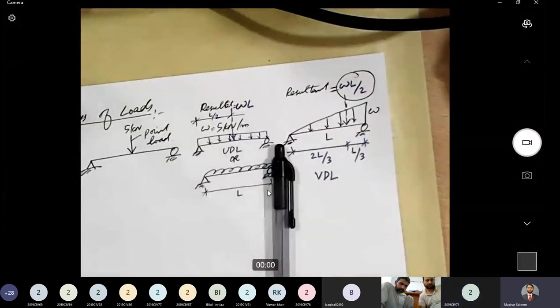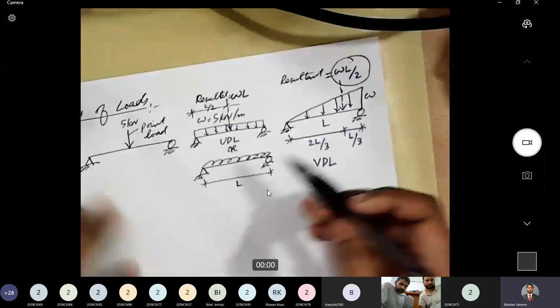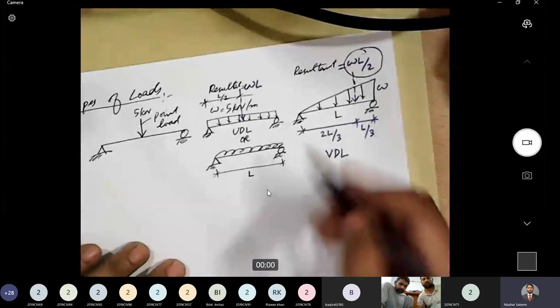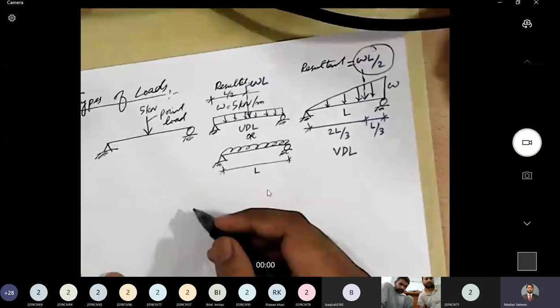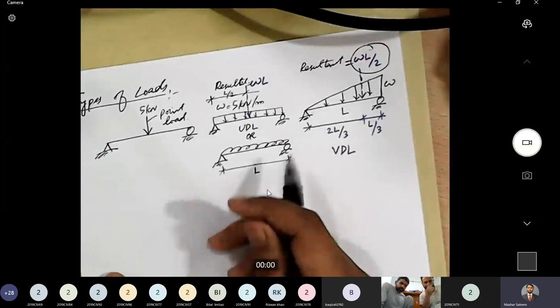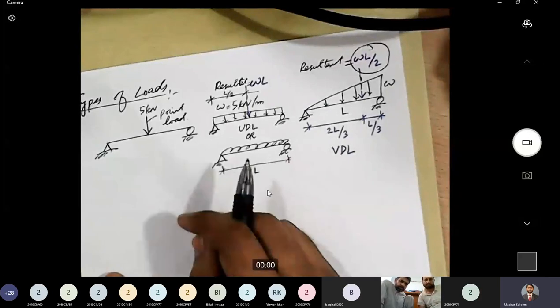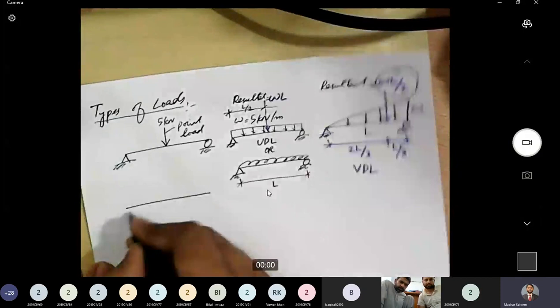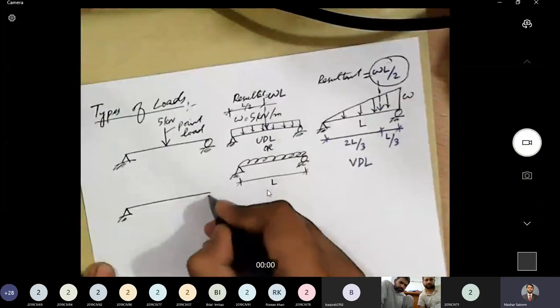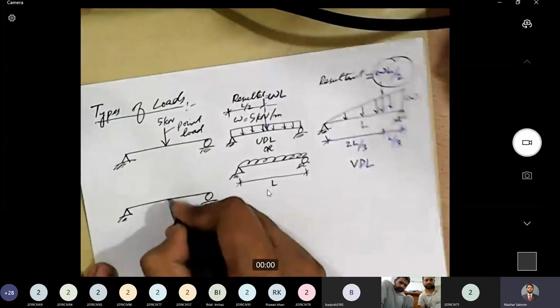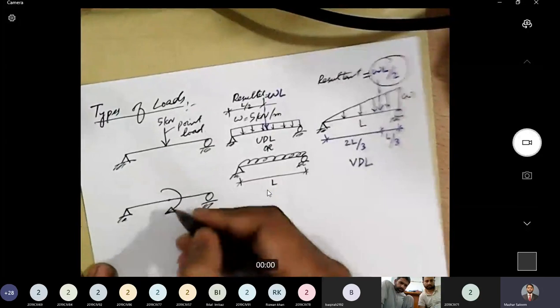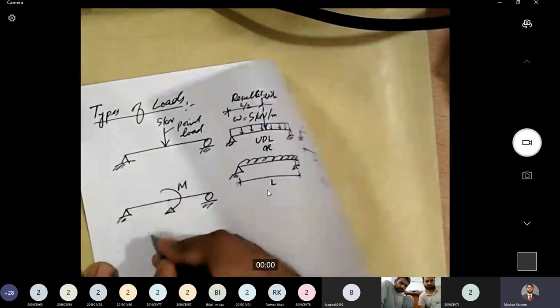So these are different types of loads that we will be dealing with. Sometimes the structures are also subjected to point moments. The point moment is shown like this. This is called a point moment.